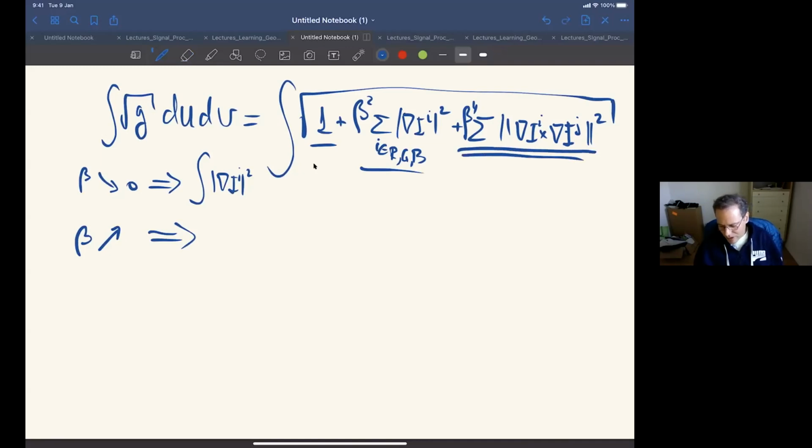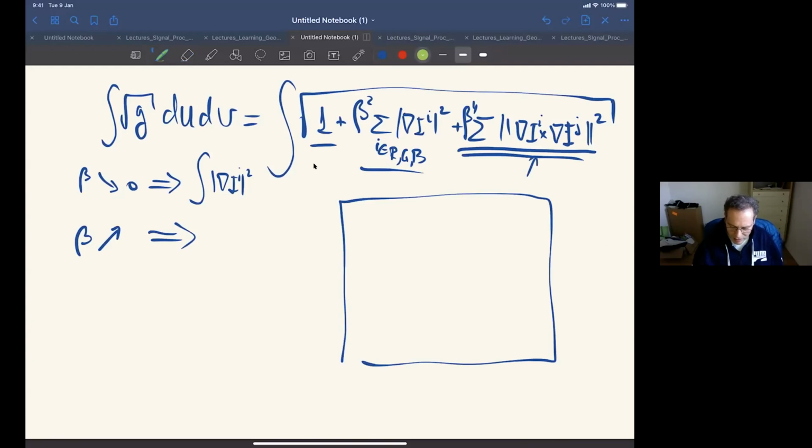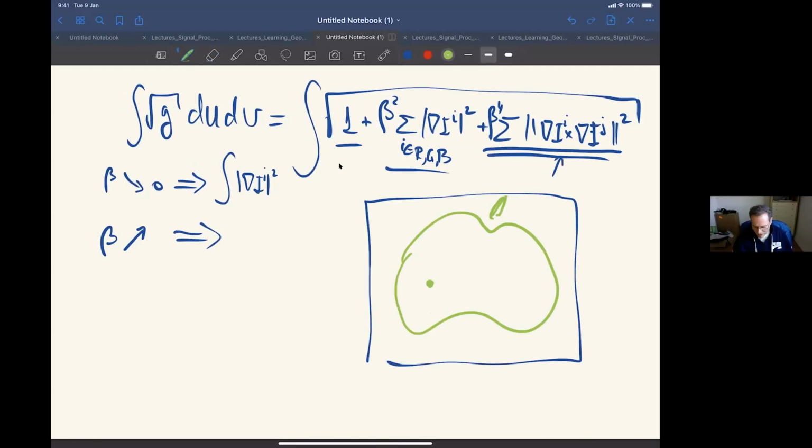Now let's zoom in at what is going on here. Let's look at my image, my green apple, and I'm looking at this point. Assume that this apple went through some noise. What happens here is that I have the gradient of the green image, the gradient of the red image, and the gradient of the blue image somehow distorted.